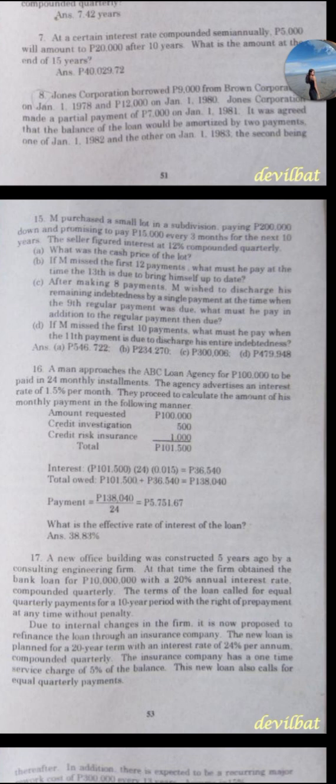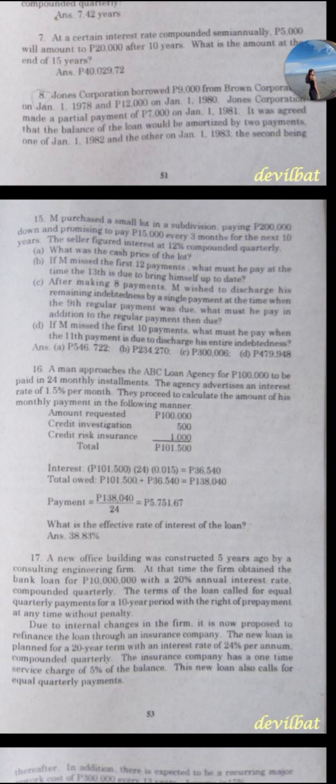a new office building was constructed 5 years ago by a consulting engineering firm. At the time, the firm obtained a bank loan for 10 million with a 20% annual interest rate compounded quarterly. The term of the loan called for equal quarterly payments over a 10-year period, with the right to prepay at any time without penalty.